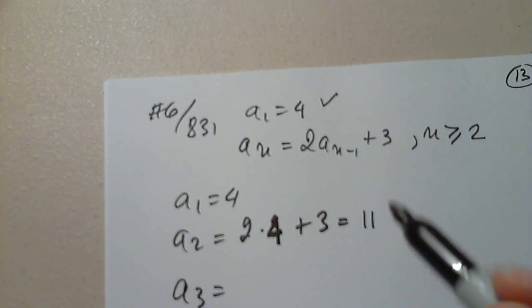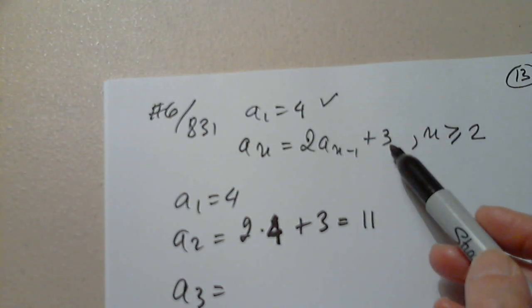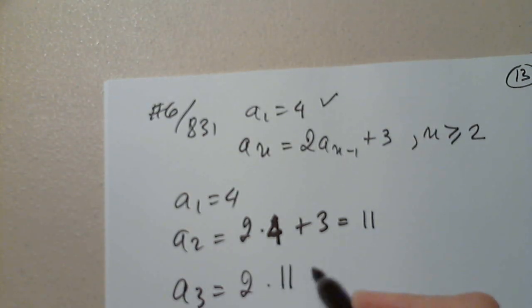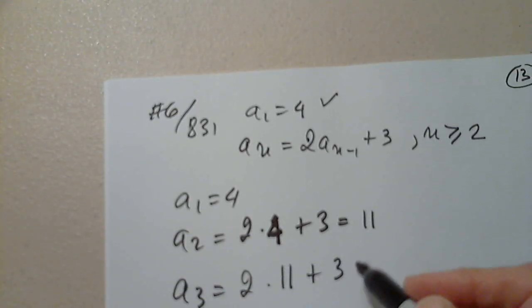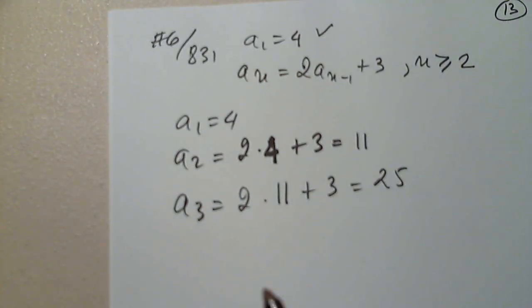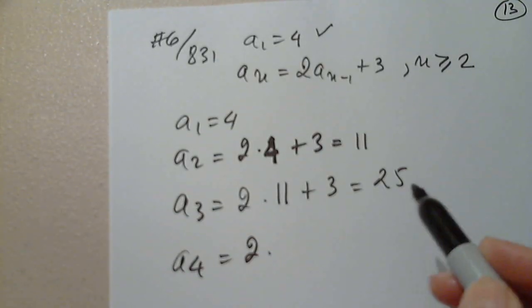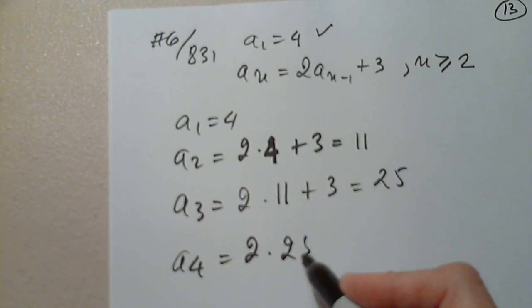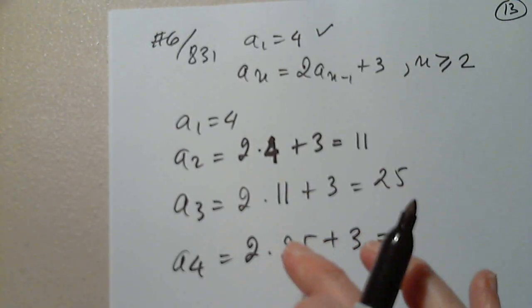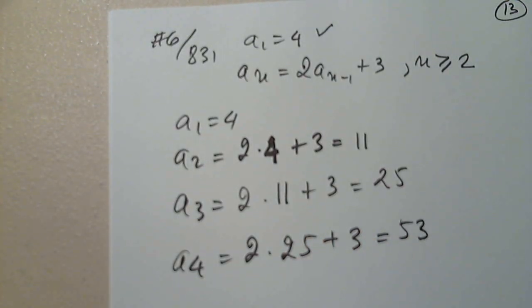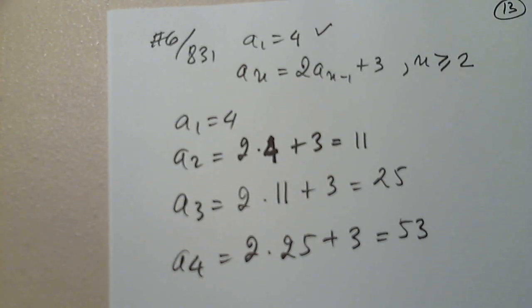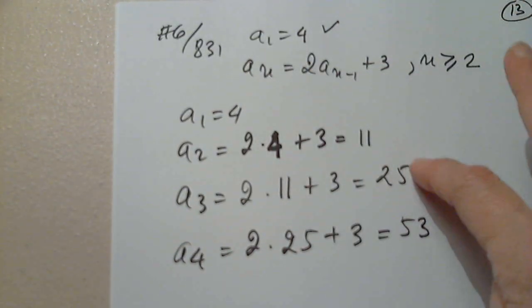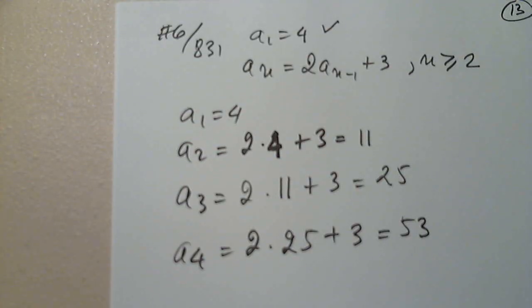A sub 3 is 2 times the previous one plus 3, 22 plus 3, 25. And the last one is 2 times the previous one. That's the pattern we have, the recursive relationship. 50 plus 3, 53. So the first 4 terms of this sequence are 4, 11, 25, 53. Good.